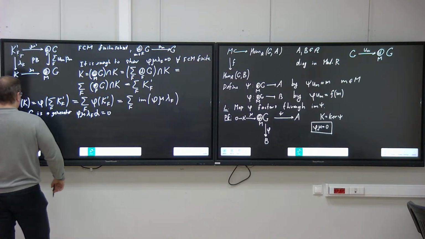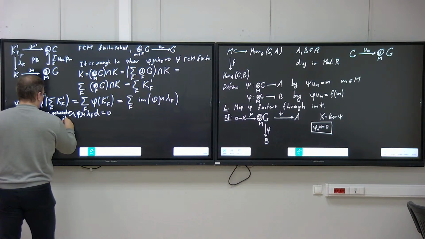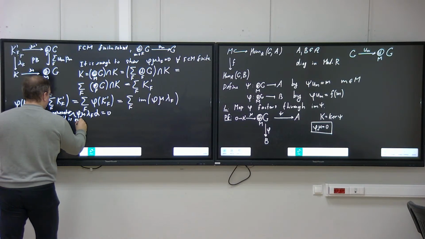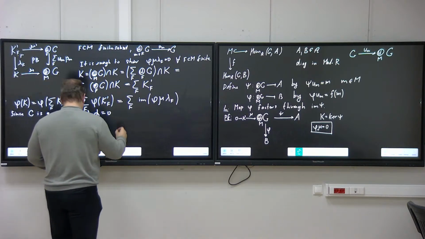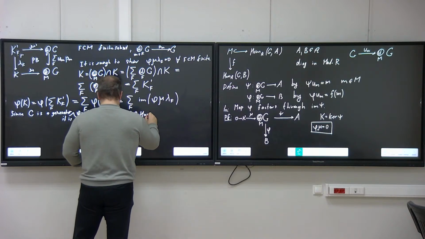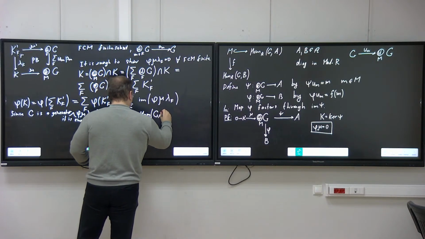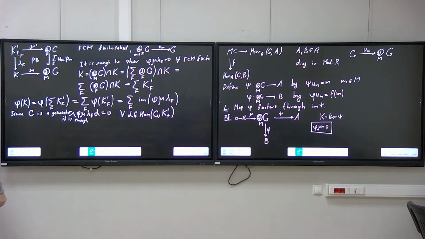Again, since G is the generator, it is enough to show that this composition of the four maps is zero for any alpha in Hom(G, K prime). This is more or less the definition of a generator.